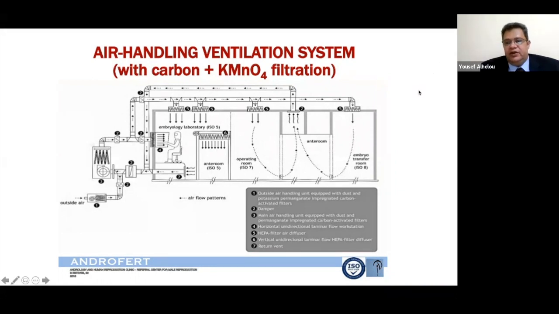The purpose of keeping two units for the embryology lab is that when we perform scheduled maintenance and change the filters, we need to stop the unit for almost one day, so we have a backup. And in case of any AHU failure, we have a standby unit.